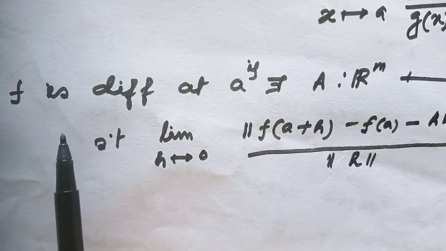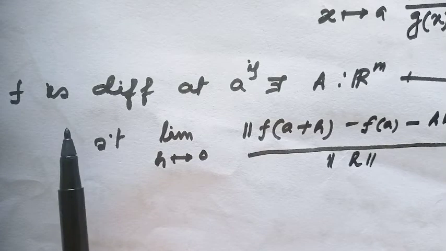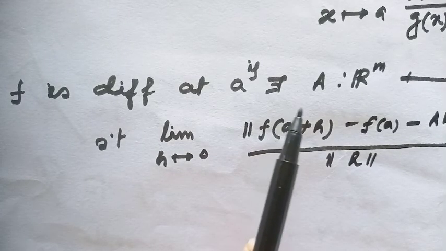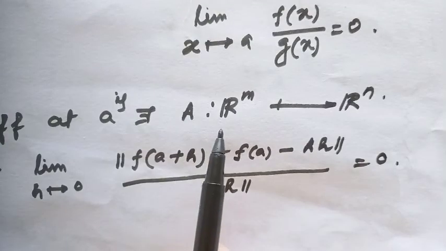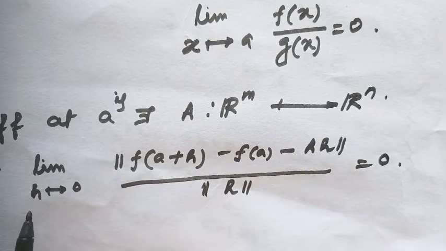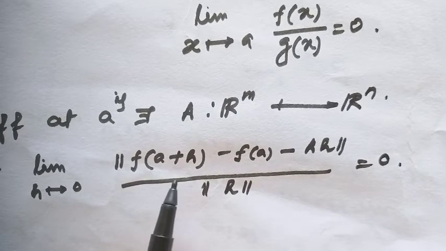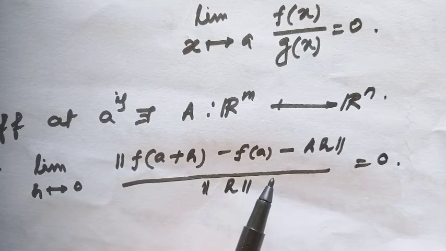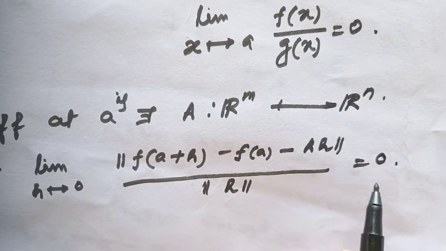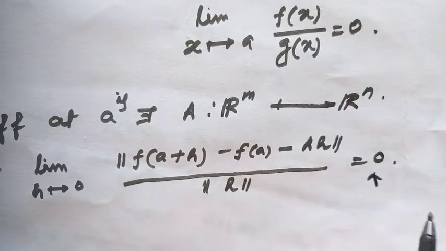This definition is: f is differentiable at a point a if there exists a linear map A from Rm to Rn such that limit h tends to 0, norm of f of a plus h minus f of a minus A(h) over norm of h equal to 0.